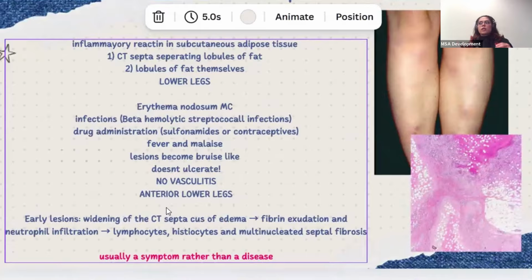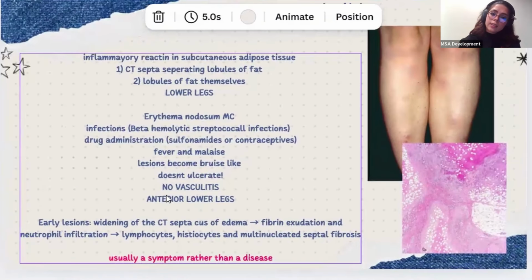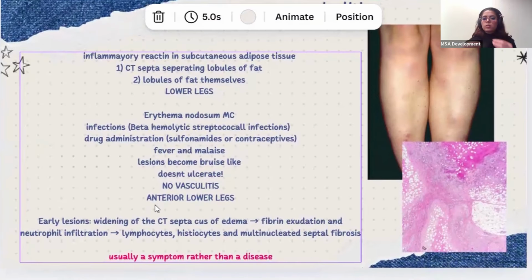For a lot of the bacterial infections of the skin, it's usually Streptococcus or Staph aureus. There's no vasculitis, and for nodosum specifically, it's the anterior lower legs, not the posterior. There's an N in nodosum, and an N in anterior. Click one and one together, or two and two together.